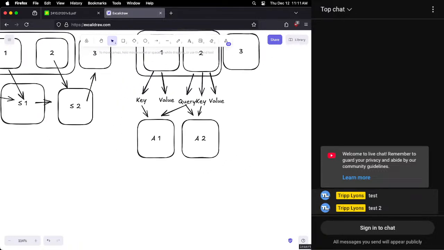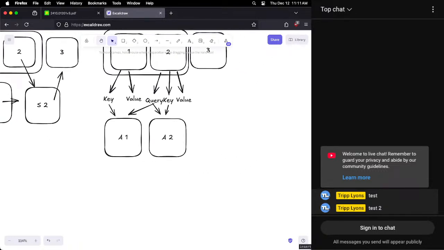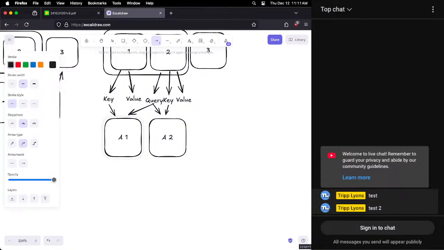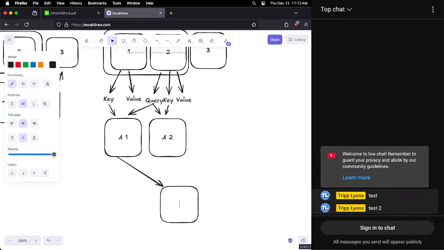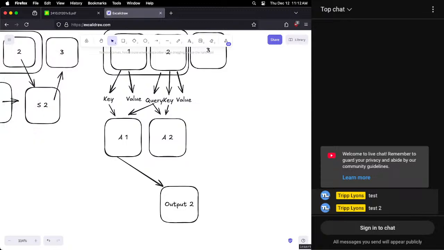And then your output for this will be a function of the values in the attention matrix, in that row of the attention matrix. Let's call this output for token 2.